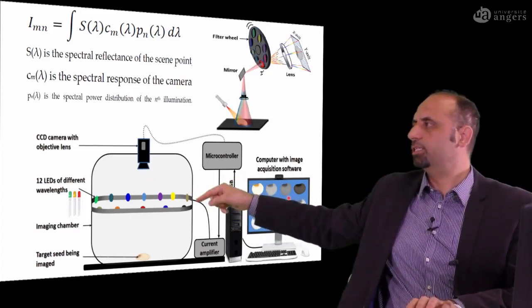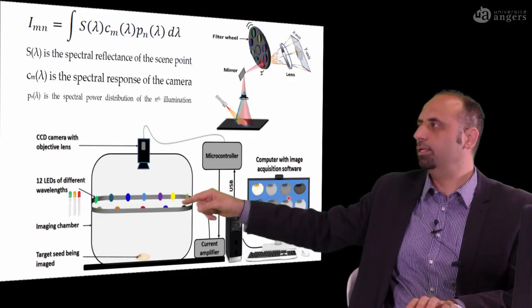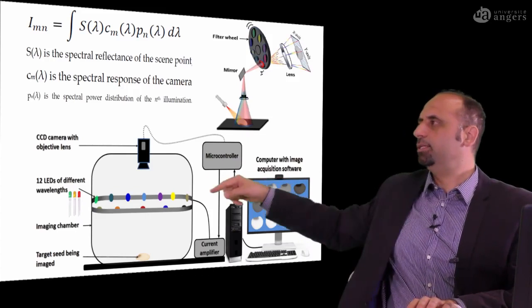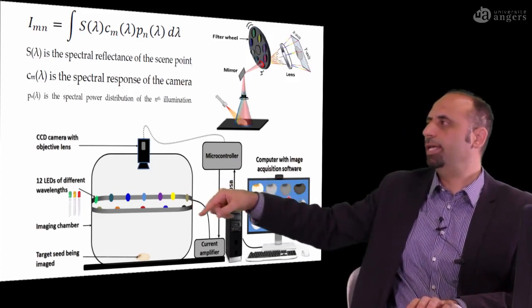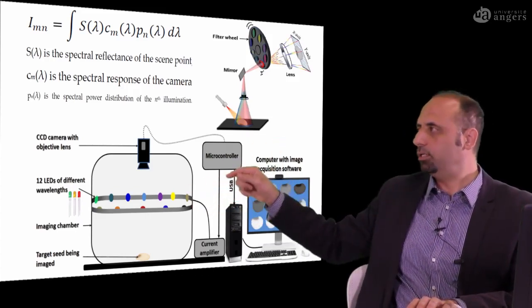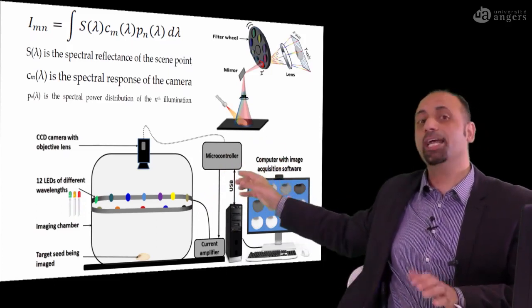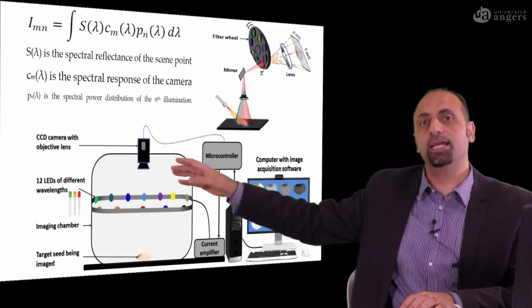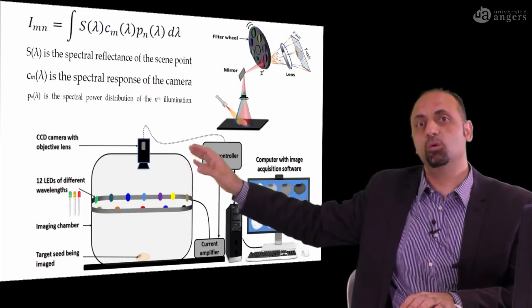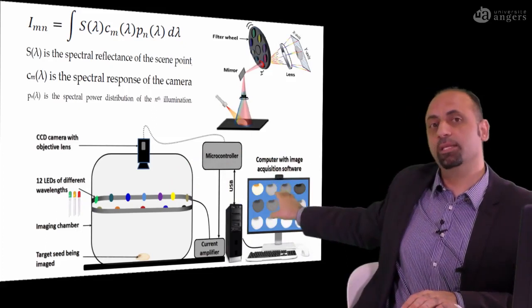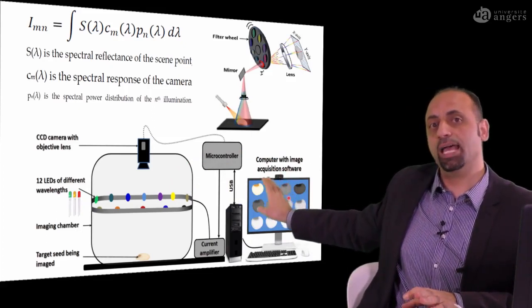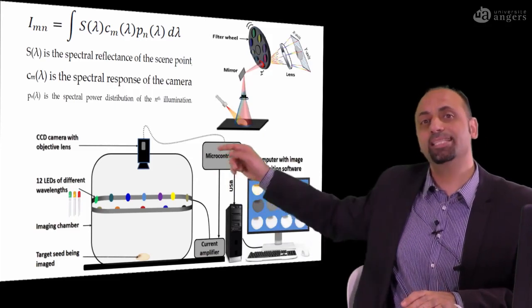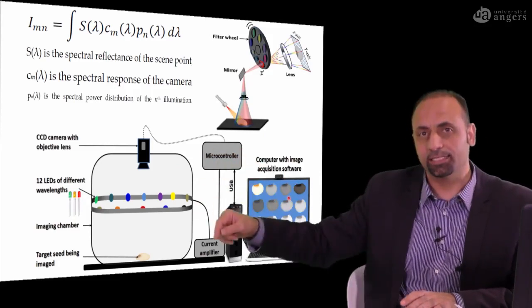Then we switch this light off and switch the next one on, and acquire another image. Then we switch this off and switch the next one on, and acquire an image. At the end, depending on how many lights at different wavelengths you have, you obtain a different 2D image for each single light.